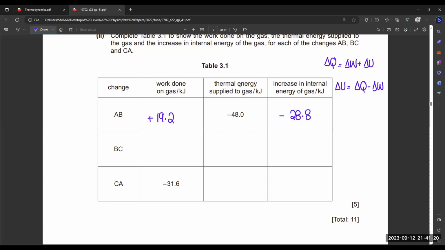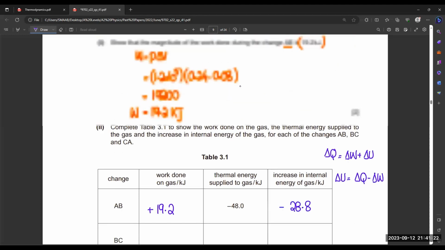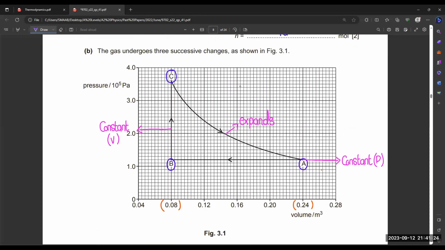And in part B to C, we know that volume is constant. So when volume is constant, what will be the value of W? If volume is not changing, is there any quantity of work done or not? No. Zero work done, right?